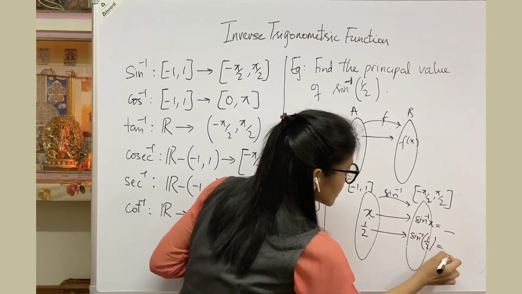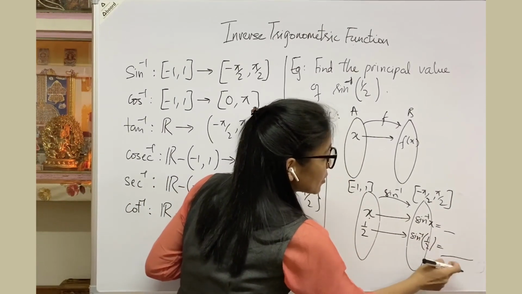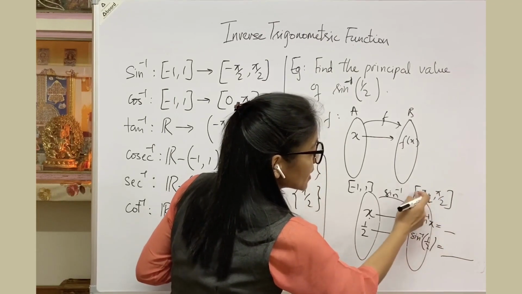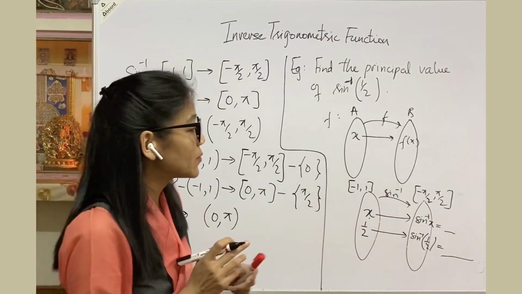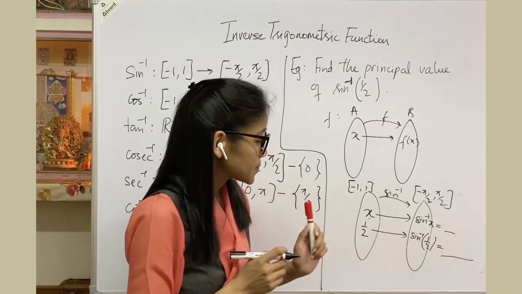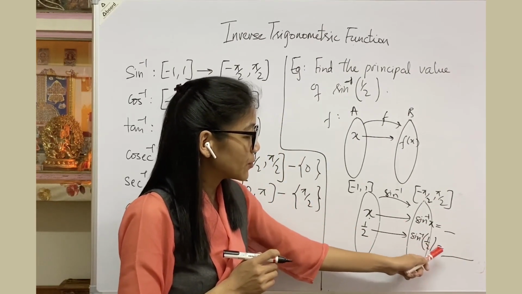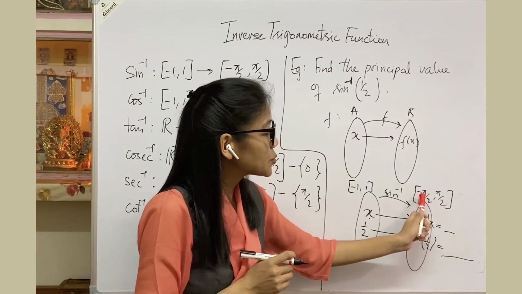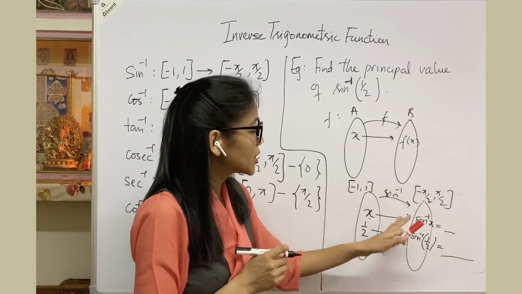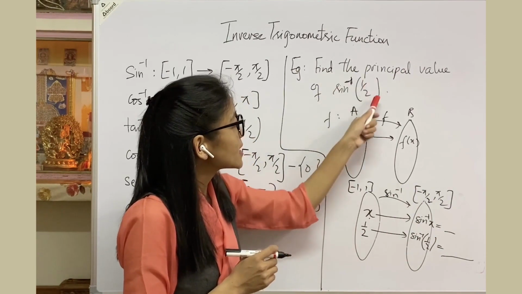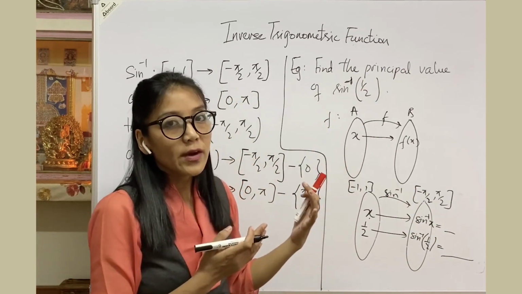Whatever value you get here has to be between -pi/2 and +pi/2. So this is what we are asked to find here. You should understand what you are actually finding out.